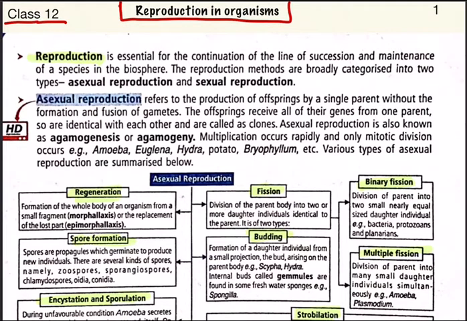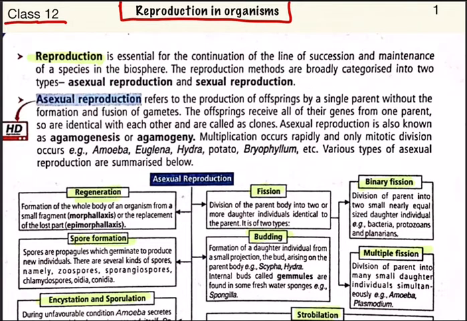If organisms are able to produce a similar kind without using sex cells, gametes or reproductive cells, then it is called asexual reproduction. On the other hand, if organisms use sex cells or gametes, then that method of reproduction using gametes is sexual reproduction.